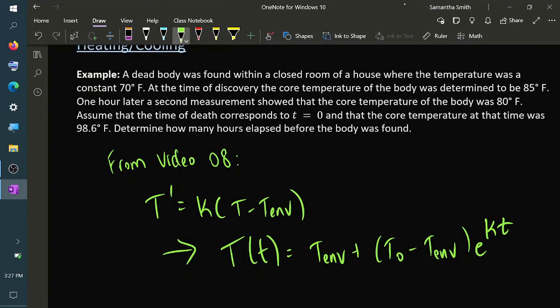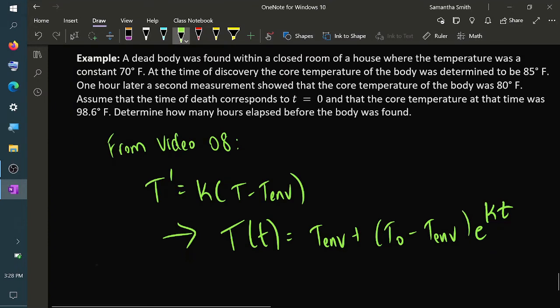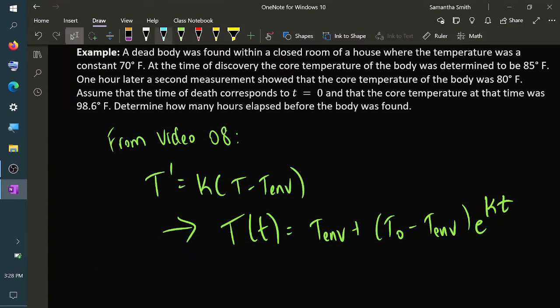So now let's figure out what the constants T0, T environment, and k might be for our particular problem. A dead body was found in a closed room of a house where the temperature was a constant 70 degrees Fahrenheit. I'm sorry if this is a little morbid, folks, but I always like to do things that are a little bit outside of the box from time to time.